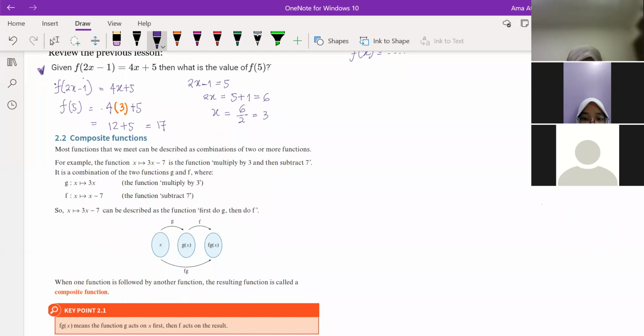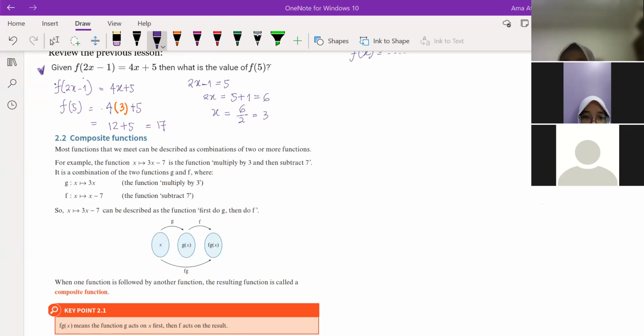of 3x minus 7, then this function is the function multiplied by 3 and then subtracted by 7. Okay. So this function is the function of multiply by 3, then subtract by 7.